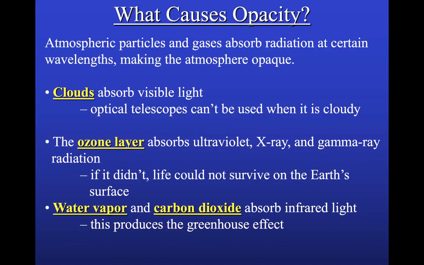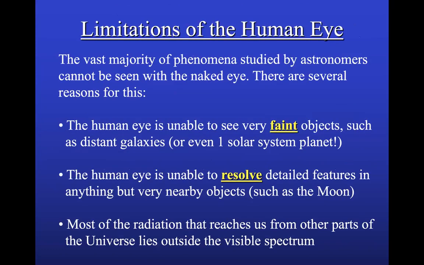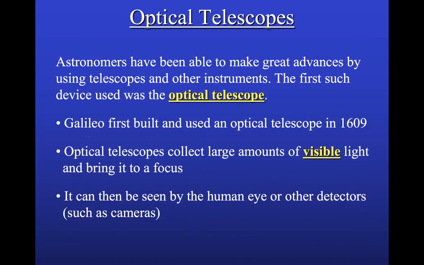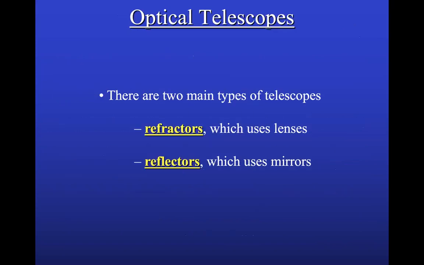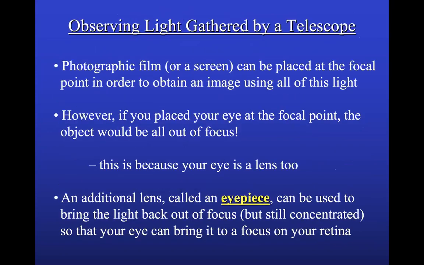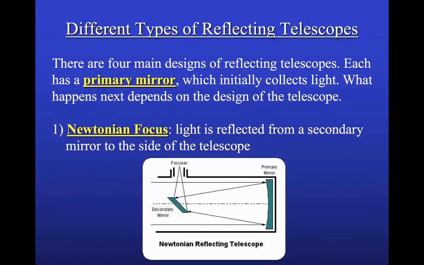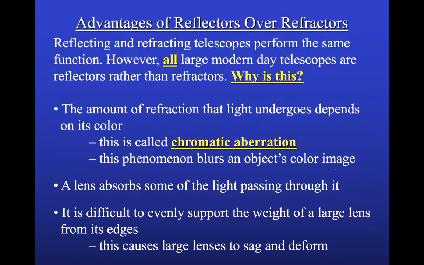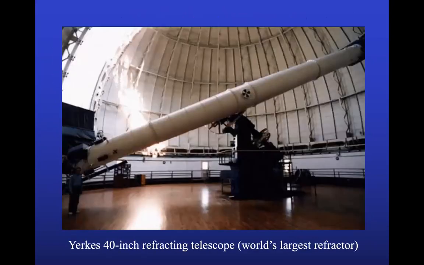So we talked a little bit about the electromagnetic spectrum, the opacity and the limitations of the human eye, then the optical telescope types, and the advantages of reflector telescopes over refracting telescopes.